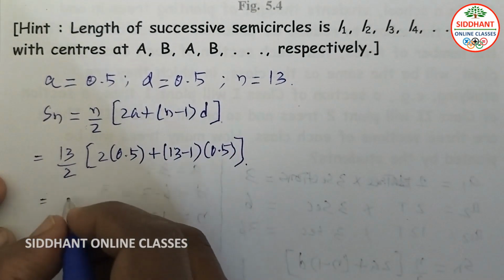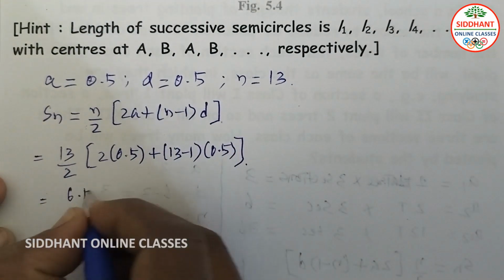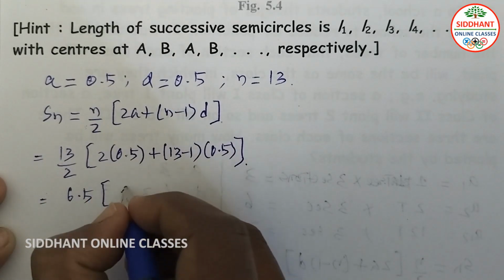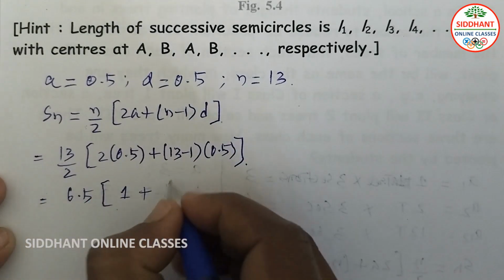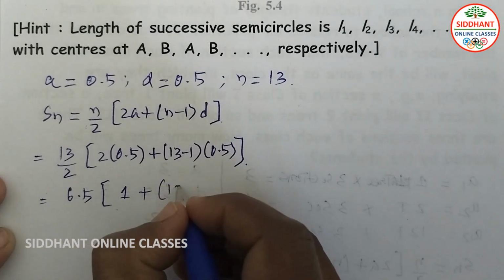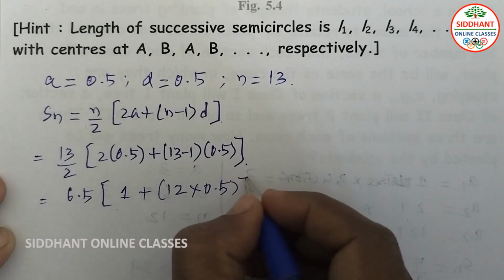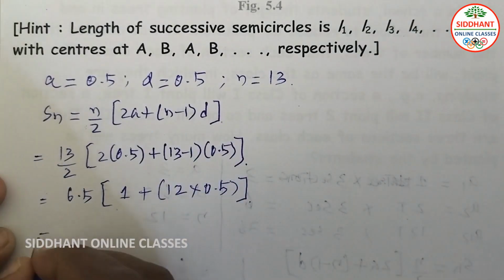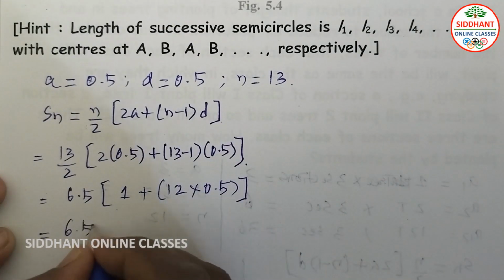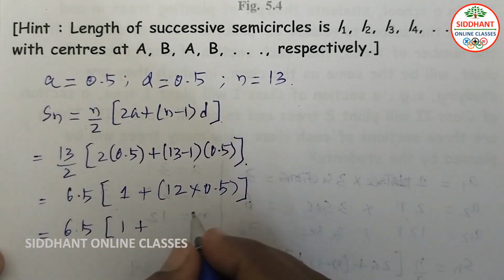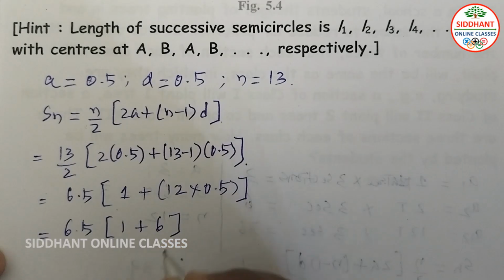So that equals 13 by 2, which is 6.5 here, (2 into 0.5, which is 1, plus 12 into 0.5, which is 6).